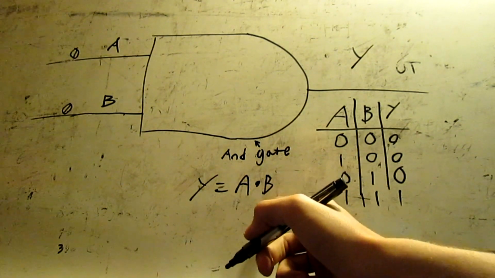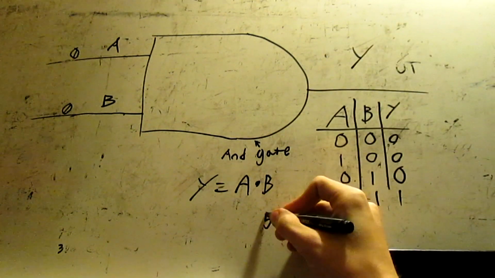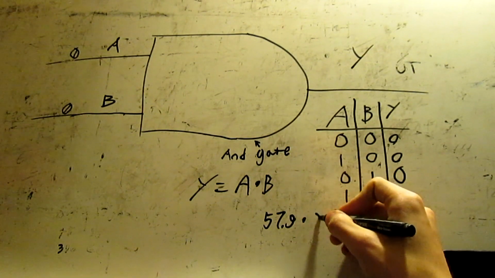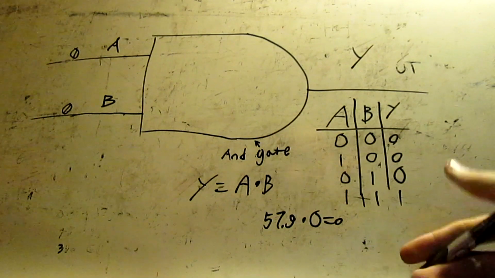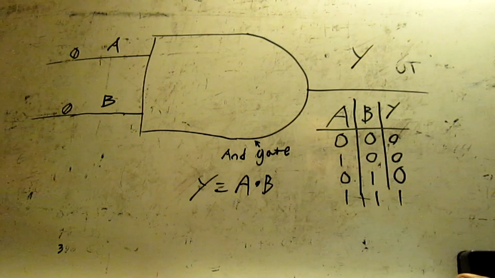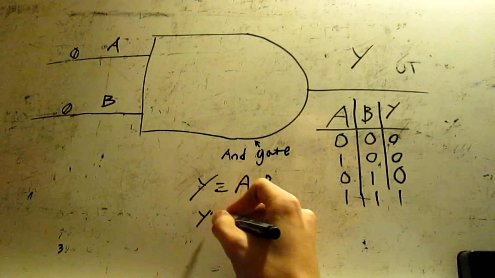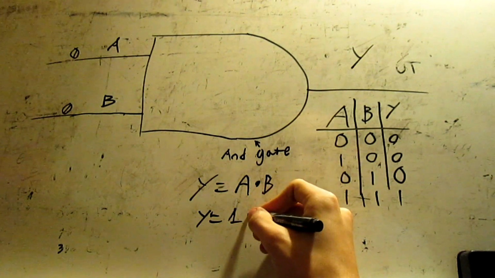Anything times 0 is going to be 0. Like 57.9 times 0 equals 0. We could do this all day. Anything times 0 is going to be 0. So let's rewrite this, we'll say Y equals 1 times 0.